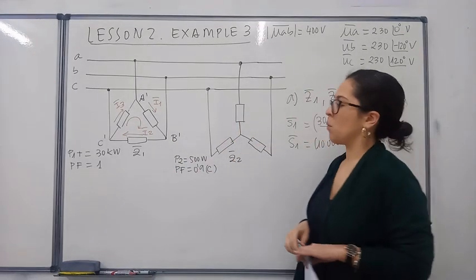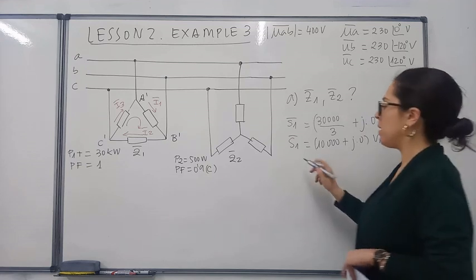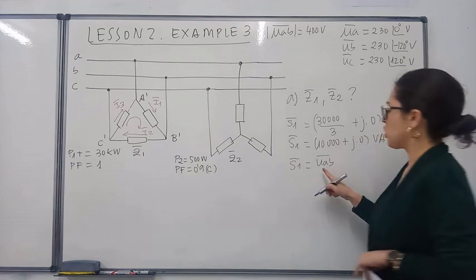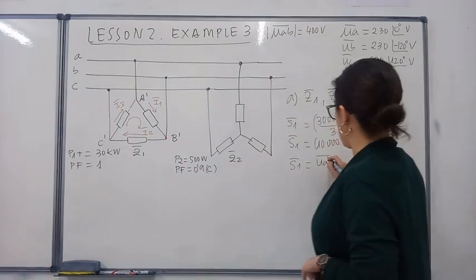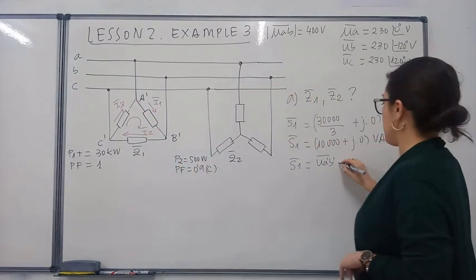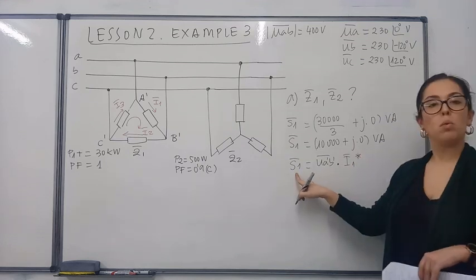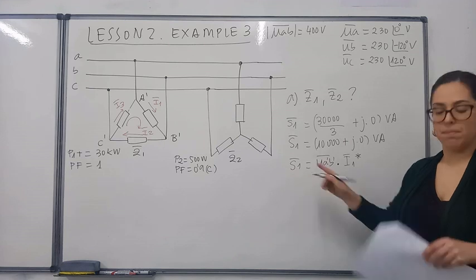Now that we have the currents in the sides of the delta and we have the complex power, this formula should be accomplished. The voltage in this side of the delta, A prime B prime, multiplied by the conjugate of current 1 should be equal to the complex power S1.